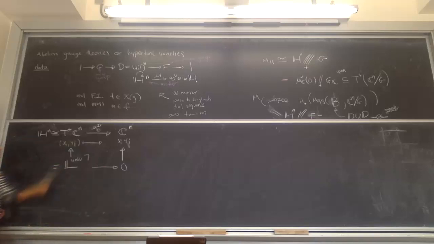And this thing, as you can tell, is going to have a bunch of components, and the components are basically going to come from just picking, for each of your n coordinates, does x vanish or does y vanish? So this thing basically breaks into a bunch of pieces, which are labeled by sign vectors or power sets or whatever. For each n, you have a or b, and then some Lagrangian that's determined by that. So actually, let me go ahead and define what this Lagrangian is.